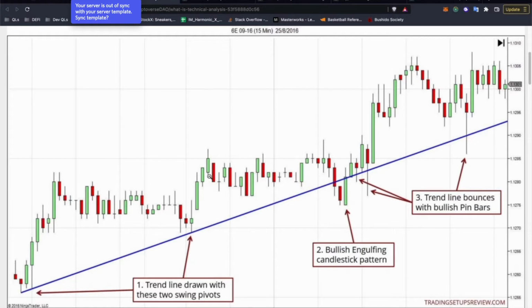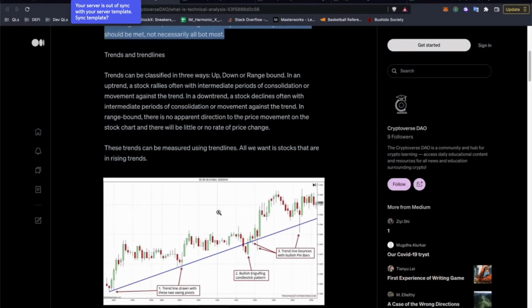If the motion was going right to left instead of left to right, this would be the downtrend, range, downtrend. Right now it's uptrend, range, and a small uptrend, range, and then same thing. Downtrend is just downward motion, effectively. In a downtrend, stock declines often with intermediate periods of consolidation or movement against the trend.